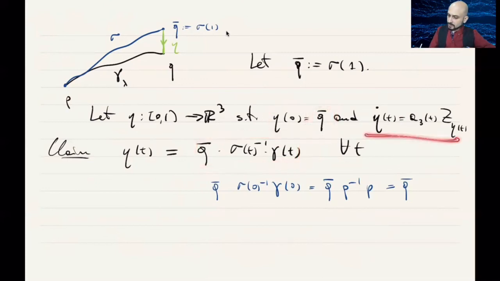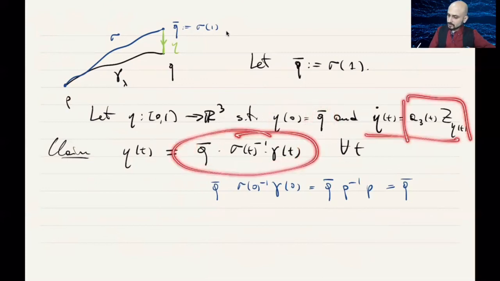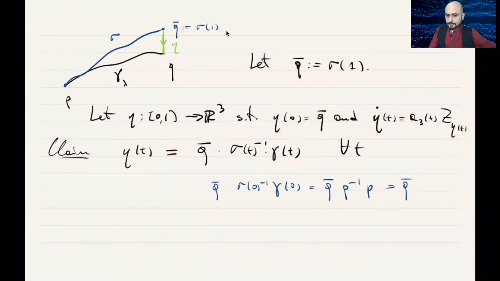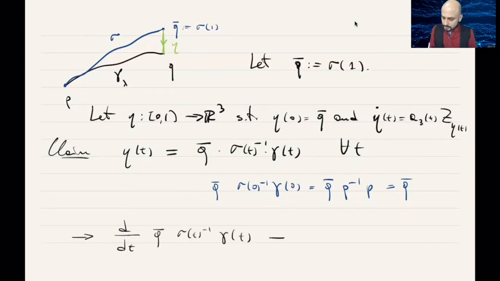Now let's verify that this curve as a function of t also satisfies this differential equation. What we want to prove is that the derivative of this other curve, q bar sigma(t) to the minus 1 gamma(t), is equal to the derivative of eta, which means a3 Z at the correct point. So we want to prove this equality.